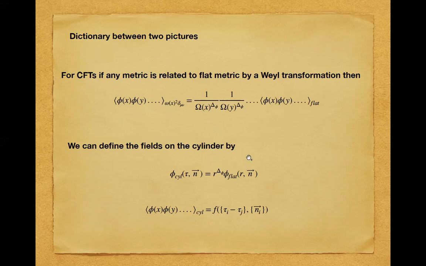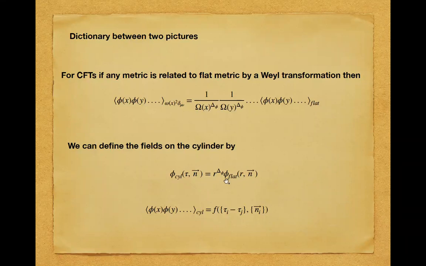So what we can say is that if we take a scalar field on the cylinder, that will have coordinates, say, tau comma n vector, where n is just the unit sphere coordinates. That field will be related to my flat space scalar field by an overall scaling factor, which is r to the power delta phi. Okay.